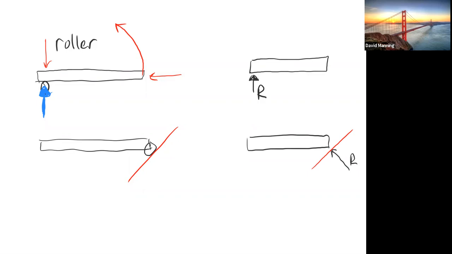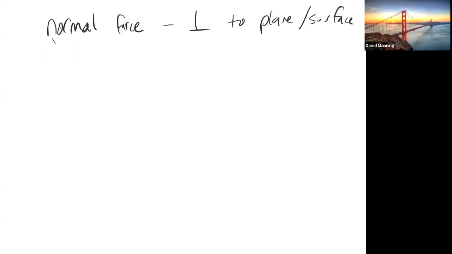The final one that we're going to be looking at is known as the normal force. The normal force is perpendicular, just like a roller, always perpendicular to the plane or the surface, whatever you want to call it. So if you have something at rest, let's say a circle is at rest on a surface, right? This circle can move left and right.